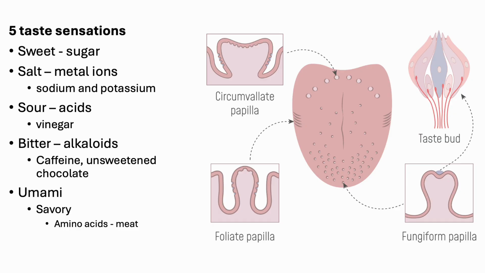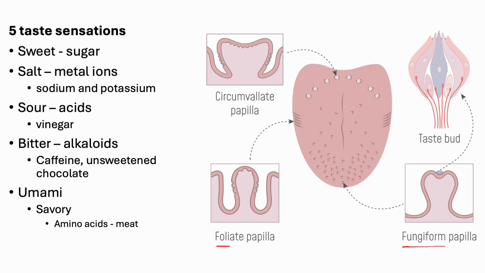So here's our tongue. I mentioned to you there were 3 papillae that contain taste buds. So remember, the taste bud is not the same as the papilla. The taste bud is found associated with or embedded in that papilla. So the fungiform, right, these are going to be in the anterior part.